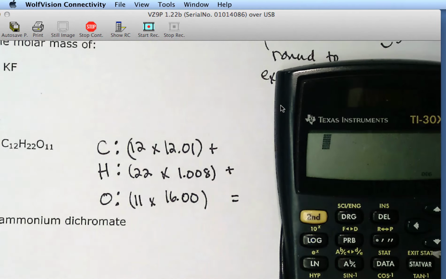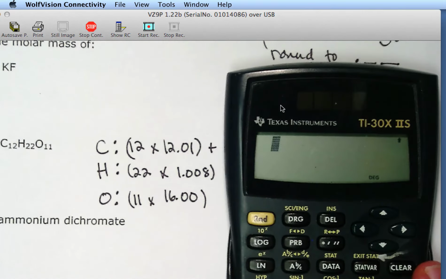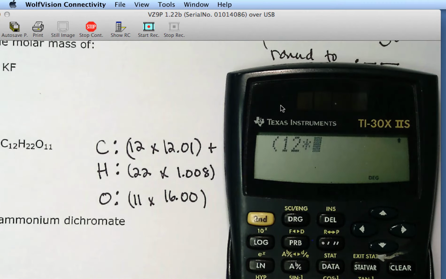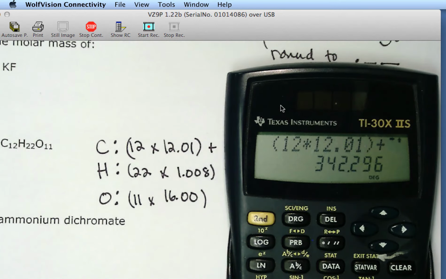When you enter this in your calculator, you can enter it in steps, or you can enter it in one whole entry. If you do one whole entry, be sure you use your parentheses appropriately. So 12 times 12.01 plus 22 times 1.008 plus 11 times 16. And then round your answer to the hundredths.